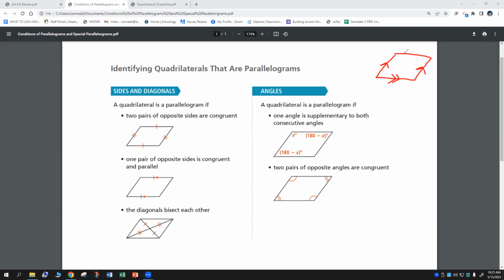So that's one way, right? If it has 2 pairs of opposite sides parallel, by definition, it's a parallelogram. But then we have these 5 additional ways, 1, 2, 3, 4, and 5. That's what we're going to be looking at to do these 13 questions.